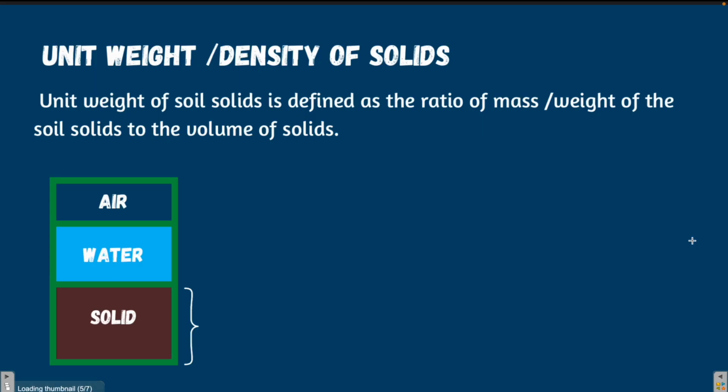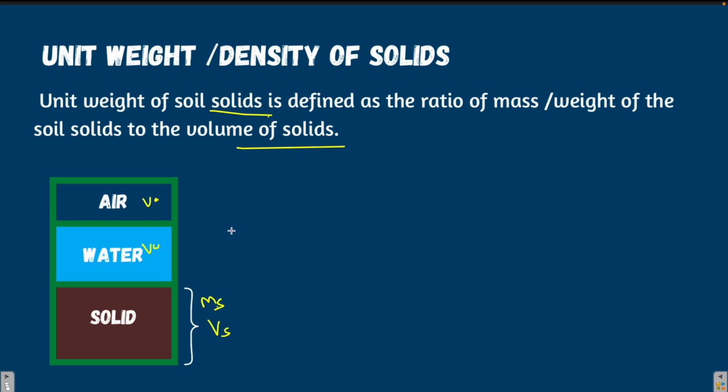Now the next unit weight is the density of the solids. The unit weight of the soil solids is defined as the ratio of mass or weight of the soil solids to the volume of solids. So here is given soil and it has got some volume of air, some volume of water, some mass of water, but we will not consider them at all. We will be only concerned with the mass of solids and the volume of solids.